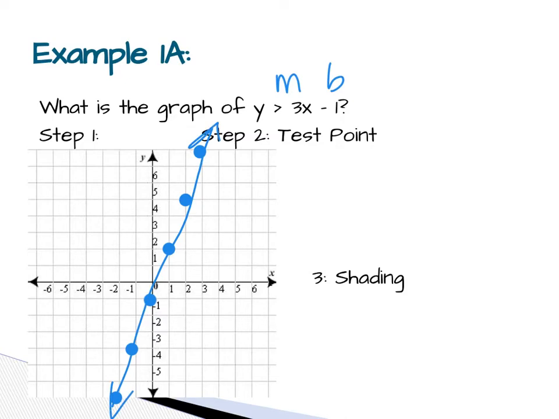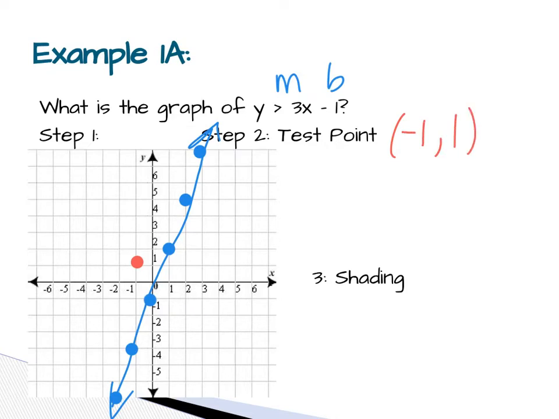Okay. Now, the next thing is to pick a test point. You want to pick a point that is obviously on one side or the other. So I'm going to choose this point right here, -1, 1. And that's going to be my test point. You always want to choose small points. That way, when you plug them in, you don't have to get big numbers.